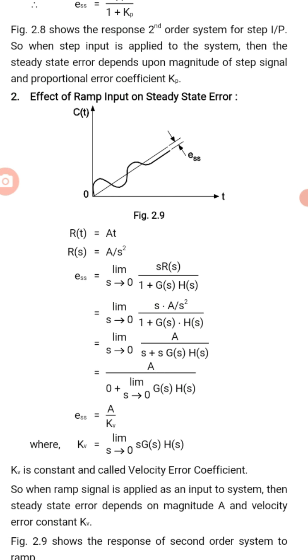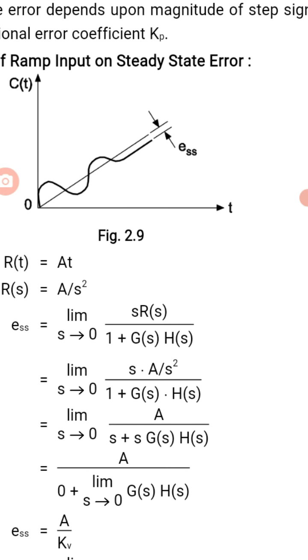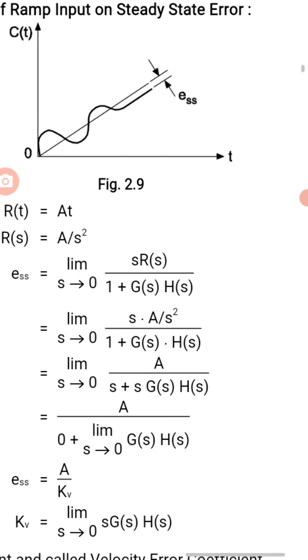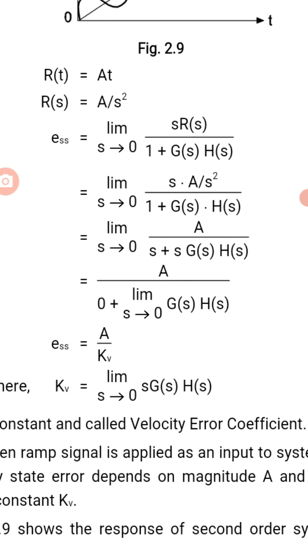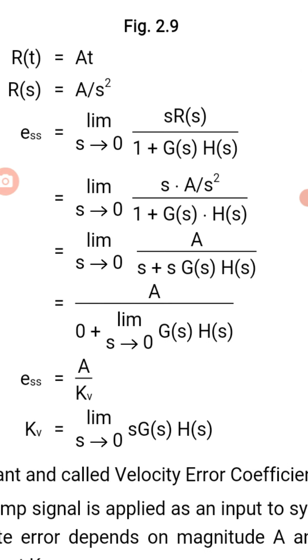Like this, if we apply a ramp input, the steady state error will remain like this. The output is steadily increasing, but the gap remains the same, and hence we only replace R of s with A upon s square.